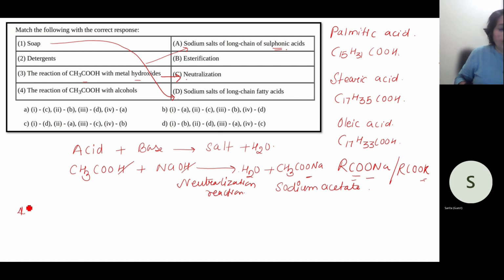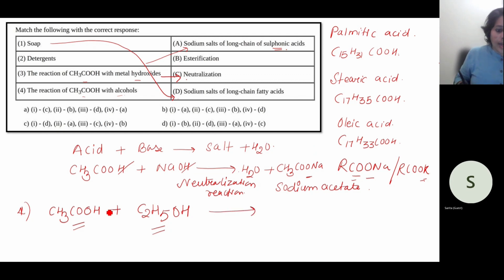Next, the fourth, the reaction of acetic acid with alcohols. Always remember, whenever acids react with alcohols, you will get esters. So here CH3COOH plus C2H5OH. This is acetic acid, this is ethanol.